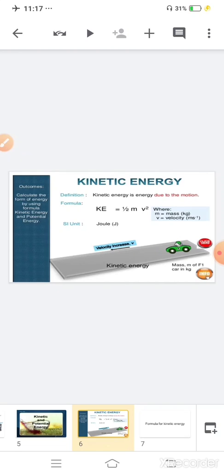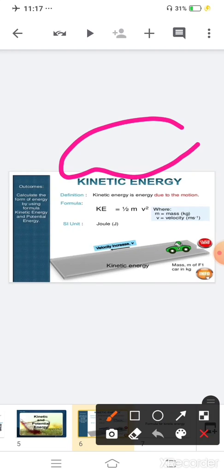The energy produced due to the motion is known as kinetic energy. So the energy of a body due to its motion is called kinetic energy. Examples: a moving cricket ball, runners, and a running motorcycle possess kinetic energy.